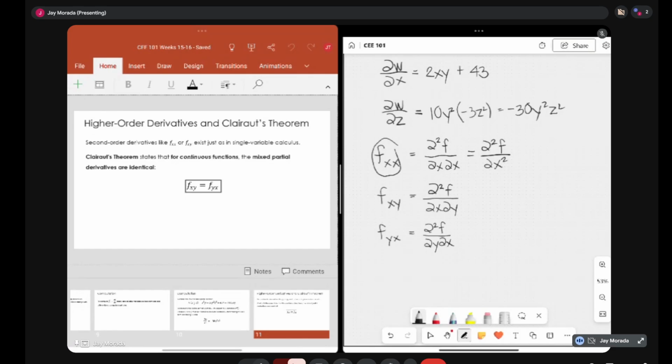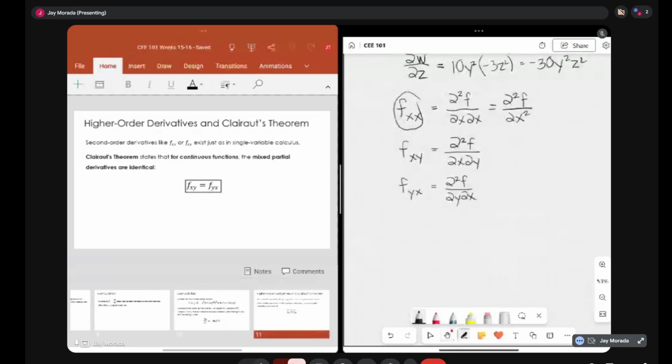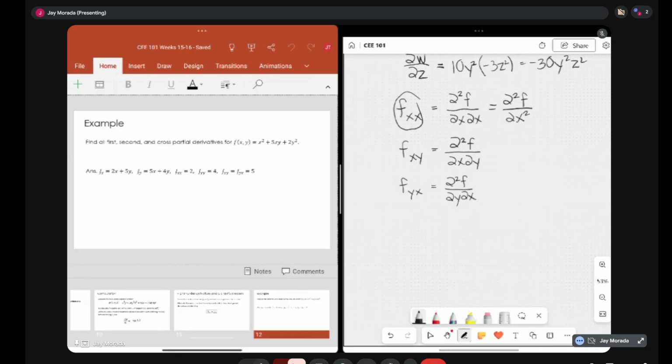Now, if the function is continuous, we can invoke Clairaut's theorem. I don't know how to pronounce that, Clairaut, but just read the name. For continuous functions, the mixed partial derivatives are identical. We can try to prove that one.